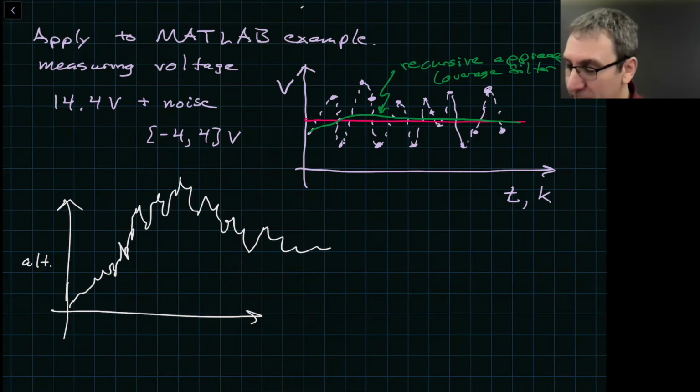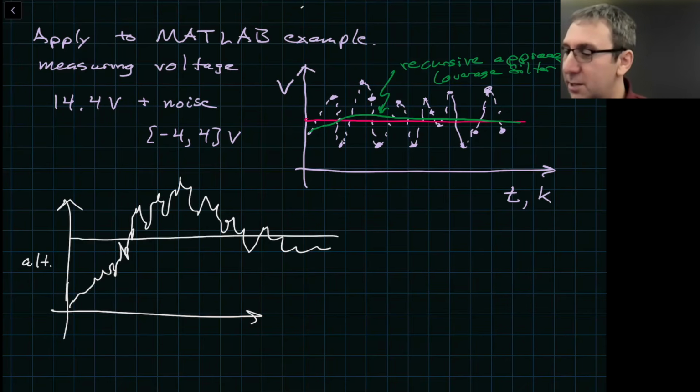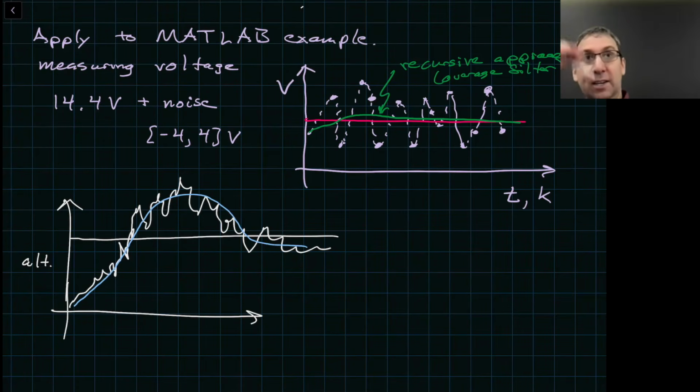The full average for this might be something like that, and who cares? What you want is something that can smooth out these jagged things, because maybe you want to eventually take that altitude and calculate a derivative to get the vertical velocity. And you can't do that when you have something so jagged.